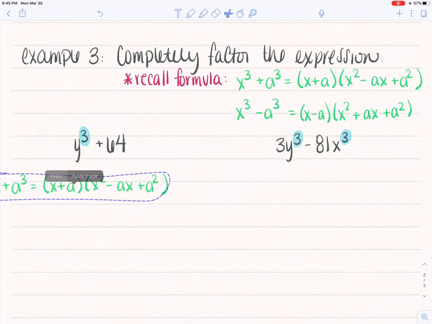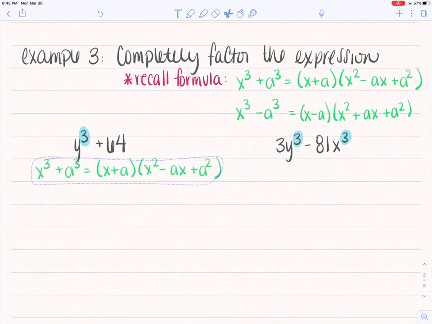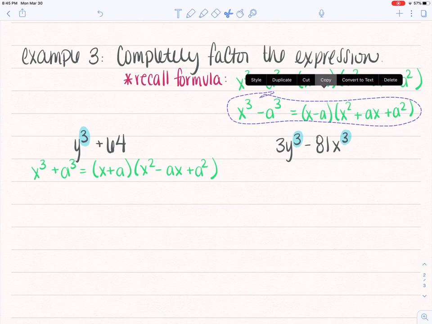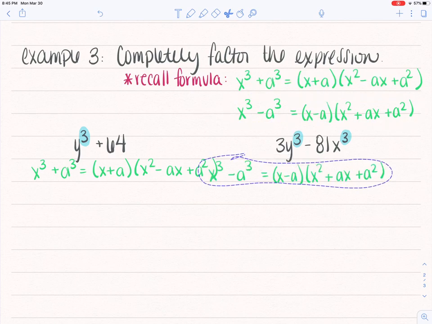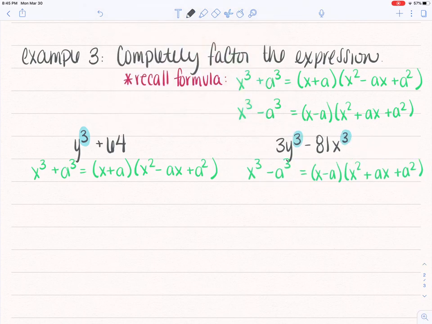So I'm going to use that thing right here. Of course, on the second one, because it's a subtraction, I'm going to use the difference.